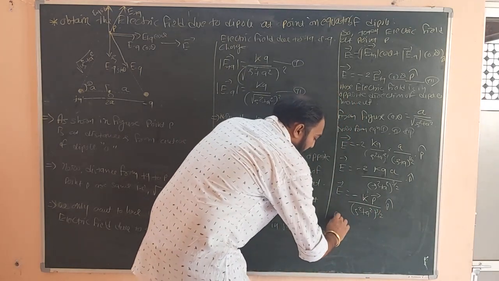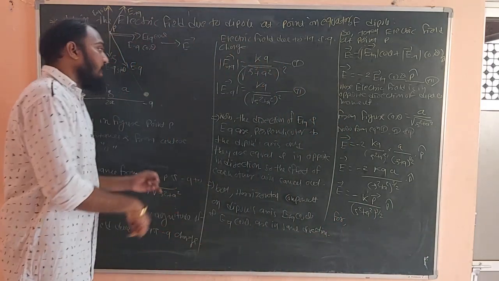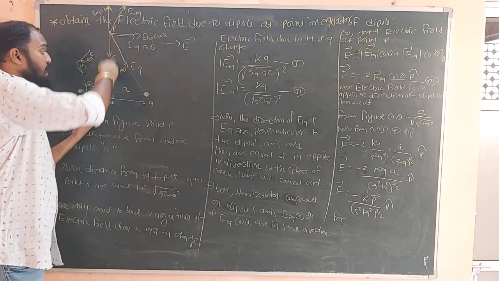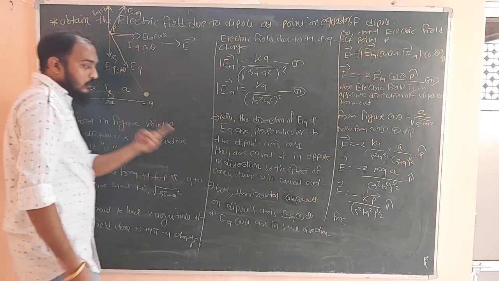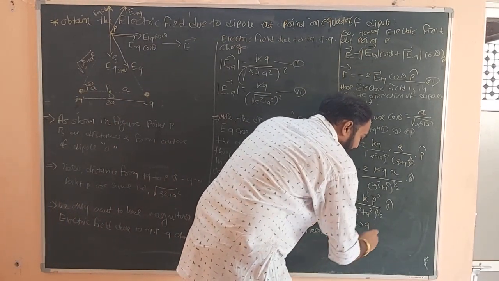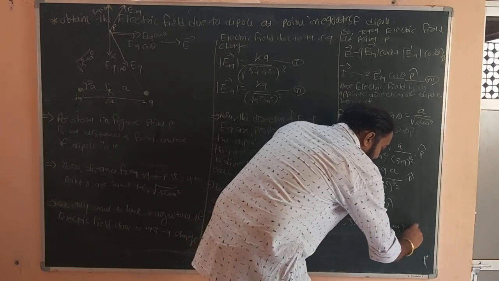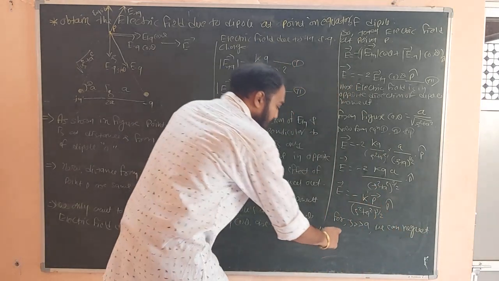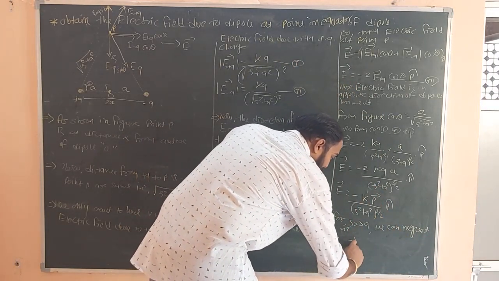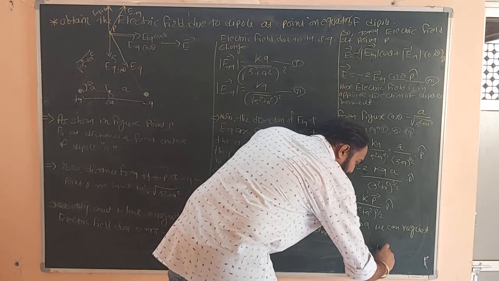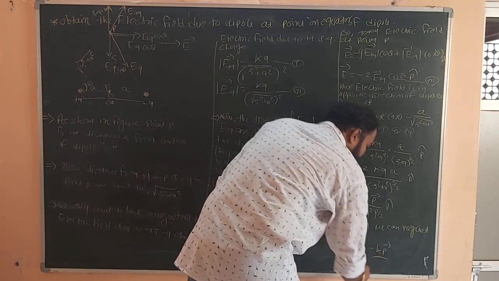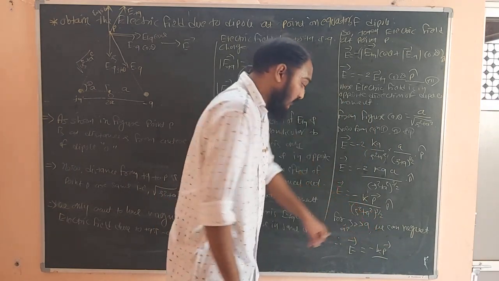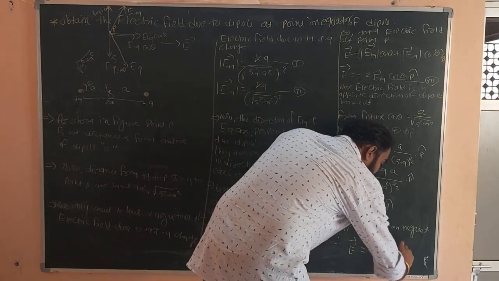From the last equation we have seen that the dimension of 2A is very small with respect to the distance we have taken as R. So for R much greater than A, we can neglect A square. That's why E is equal to minus K P by R square raised to 3/2. The square will cancel out, R cube will remain, into P caret.